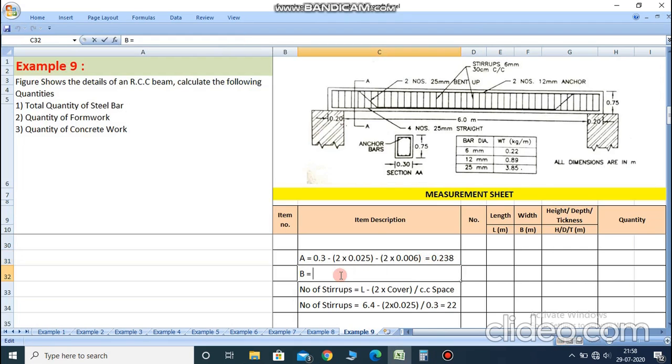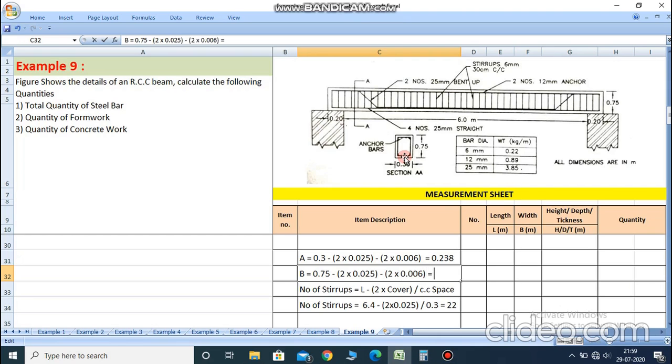Now we find out the value B. B is the largest part, so right here 0.75 minus 2 times cover 0.025 minus 2 times the diameter of the stirrup.